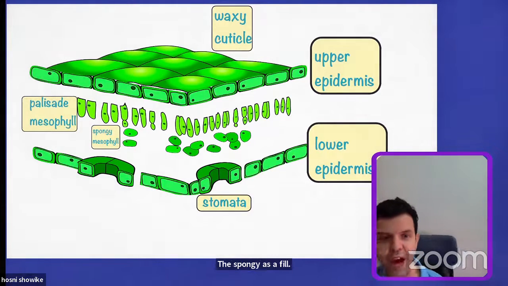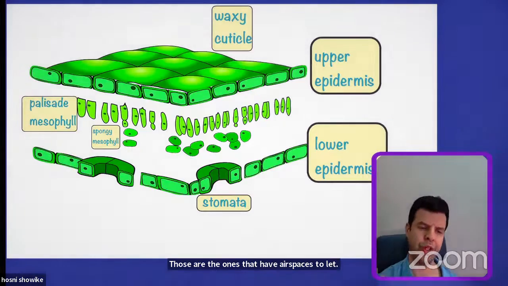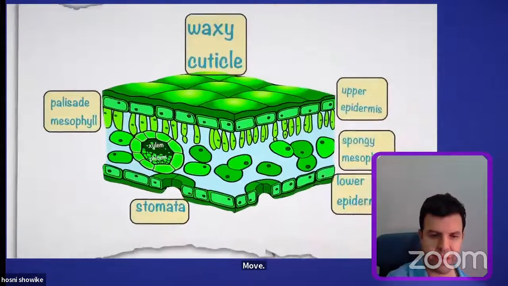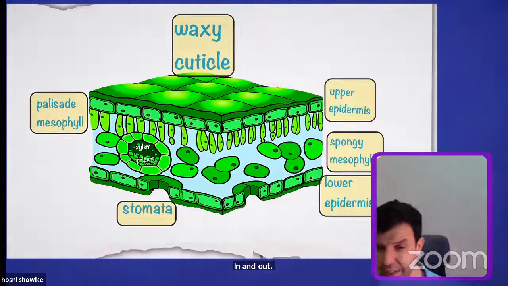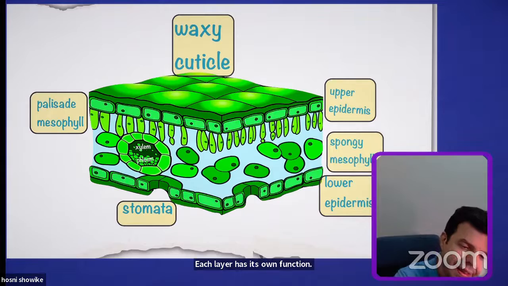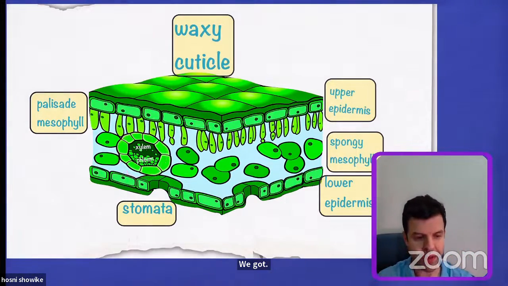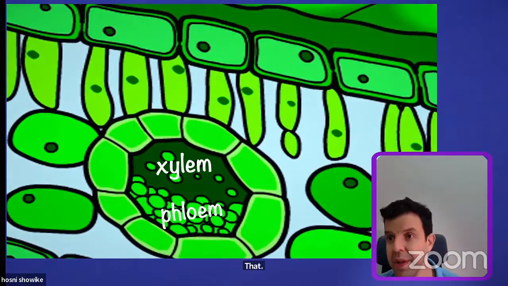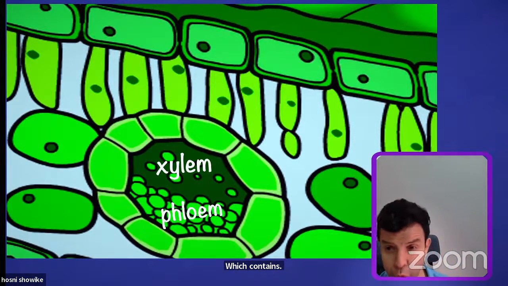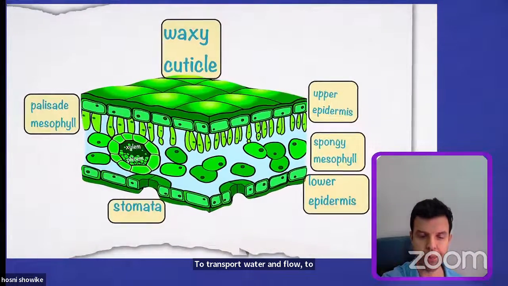Those are the ones that have air spaces to let gases move in and out, right? So again, in a leaf like this, each layer has its own function. Plus, we've got the vascular bundle, which contains xylem to transport water and phloem to carry sucrose, the product of photosynthesis. Okay?